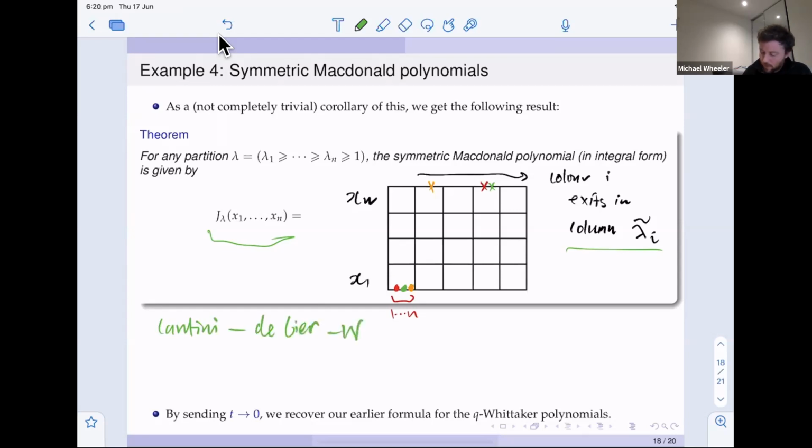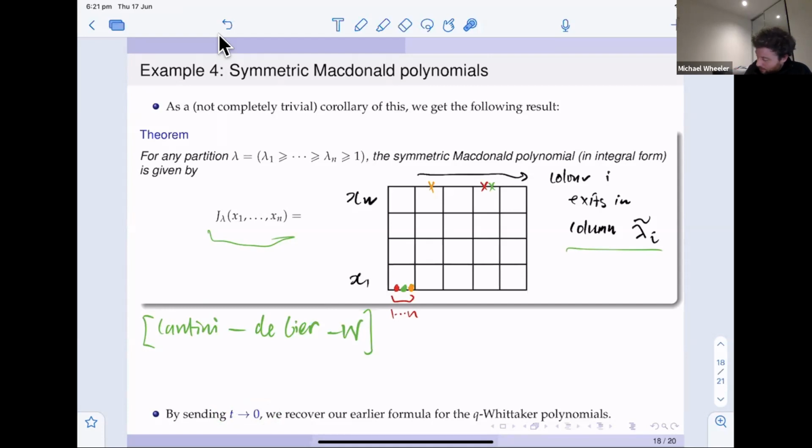So really, this is kind of rehashing of that, but presented in terms of the fermionic vertex models. And as a corollary, if you send t to 0, you just end up getting the Q-Whittaker polynomials. So that's precisely the formula for the Q-Whittakers that I gave in the first lecture.